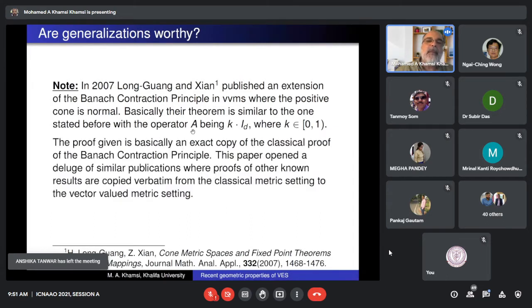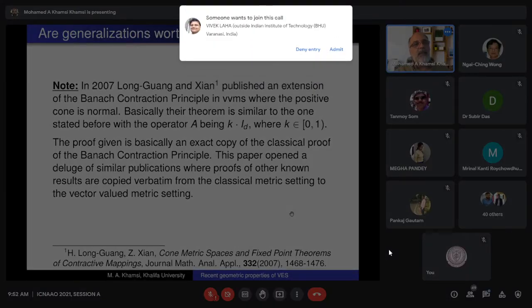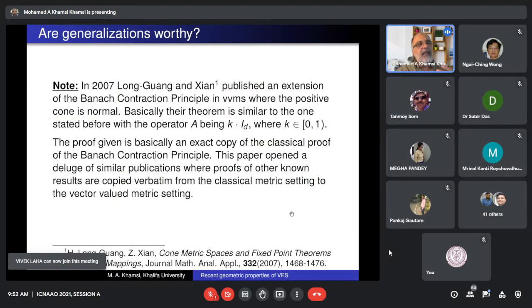So in this case, here is an example where you take the vector valued distance, the work done by Ravi and Lakshmikantan, because he's the one who had this initial idea, and look at the work done since 2007 on these cone metric spaces. So sometimes there is a value in looking at certain generalizations, and sometimes there is not.